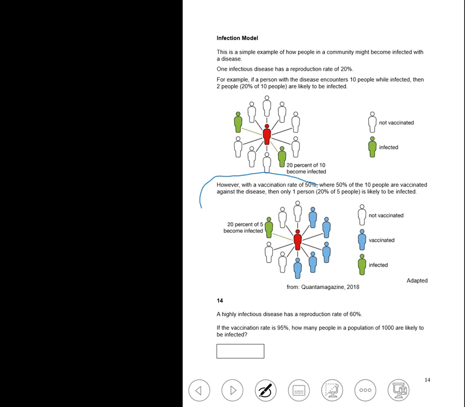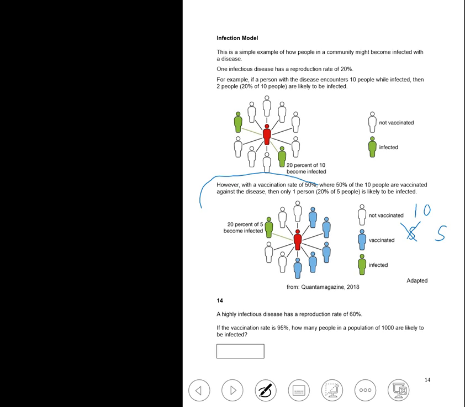So what it's saying, if you've got 10 people and 50% of them are vaccinated, that means that 5 are covered, which means they cannot get the disease at all. But there are 5 that remain with a possibility of being able to get the disease.